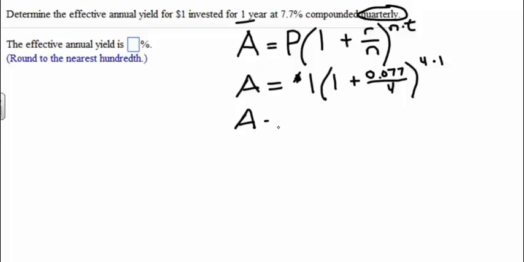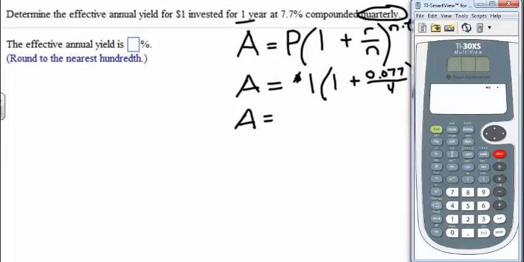So A is equal to one times the quantity 1 plus 0.077 divided by 4, close the parentheses, and then we want to raise that to the 4 times 1, I'll just put 4.